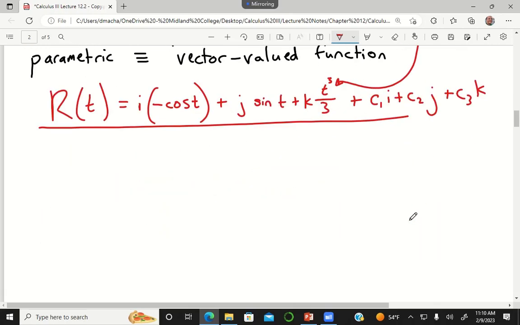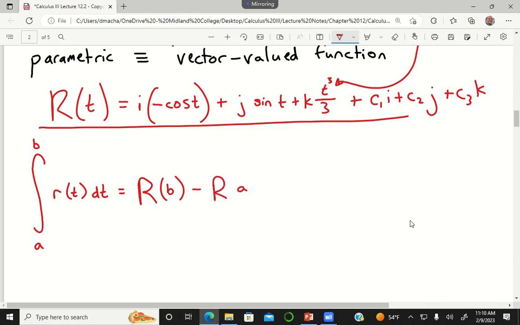All right, so if you wanted to take the definite integral from some lower bound to some upper bound of this vector valued function, r of t, we call it the parametric curve r of t. What we're doing here is we're going to take the antiderivative evaluated at b minus the antiderivative evaluated at a.